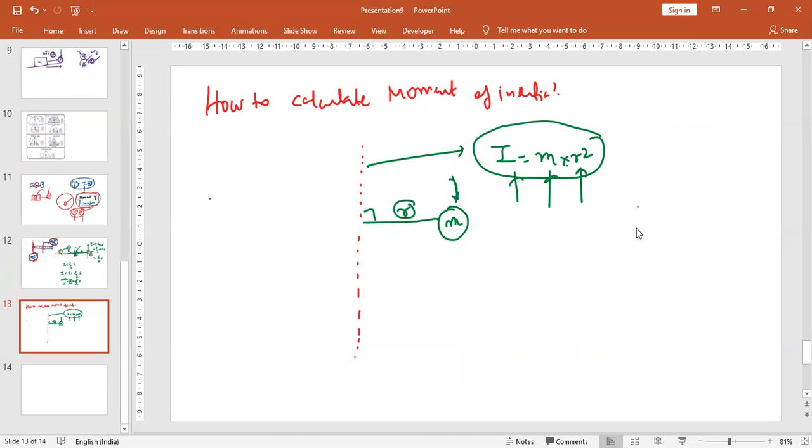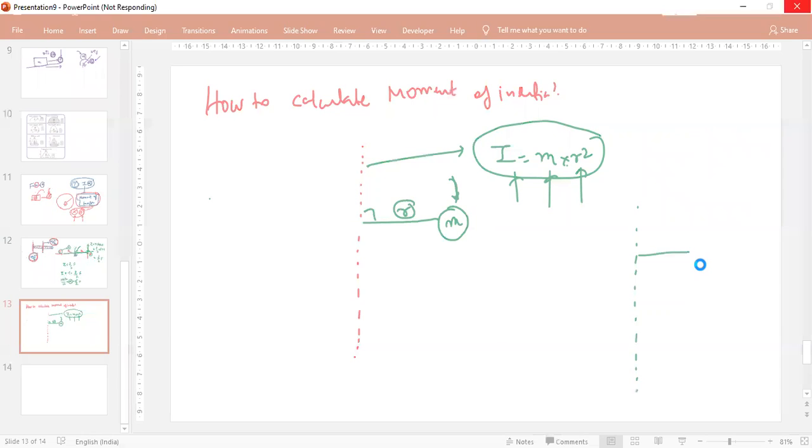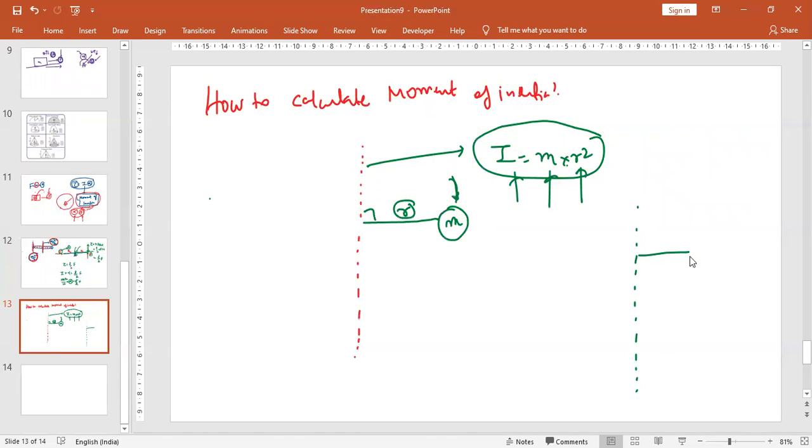Suppose this is your axis, and suppose we have two masses. One mass m placed at distance r, another mass m also placed at distance r. My question is, what will be the moment of inertia about this axis? Now remember that there will be two moments of inertia. This mass is placed at distance r, so the moment of inertia will be mr square, plus this mass is also placed at distance r, so the moment of inertia will be mr square.